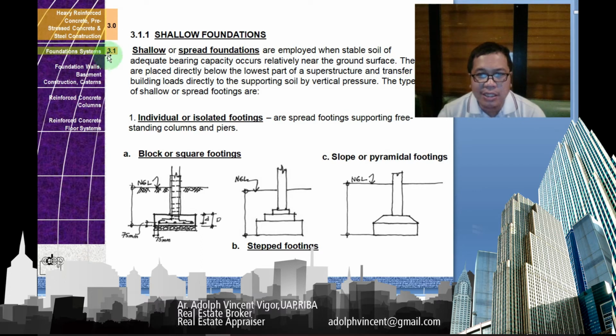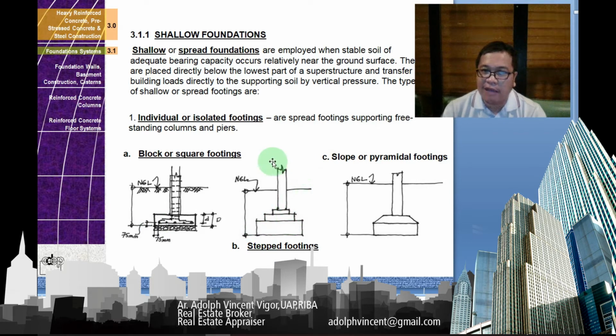Then, individual or isolated footings are spread footings supporting standing columns and piers. When you say piers, it's also columns, or made of wood. This is an example of a block or square footing. If you notice, our activity just uses block or simple square footings. These are stepped footings.